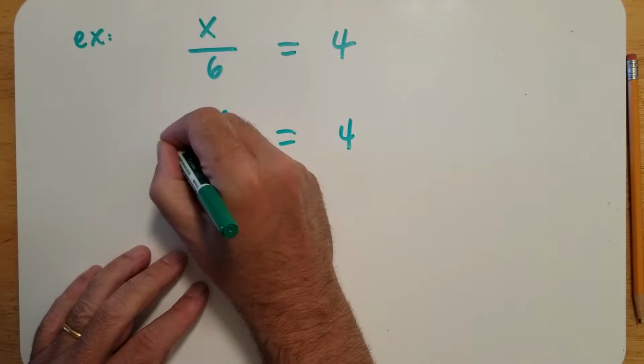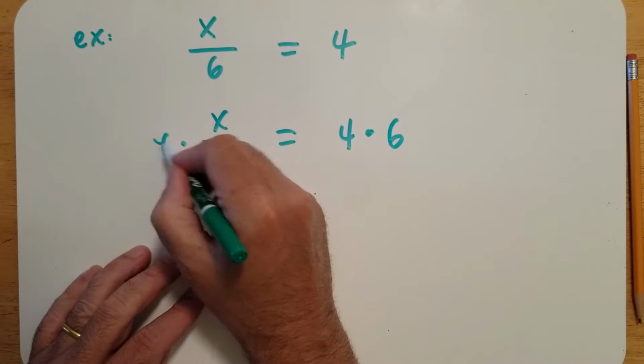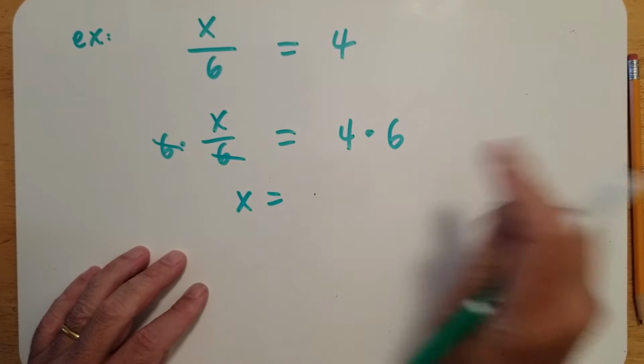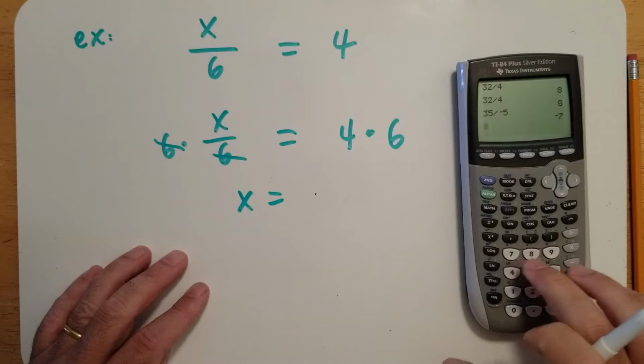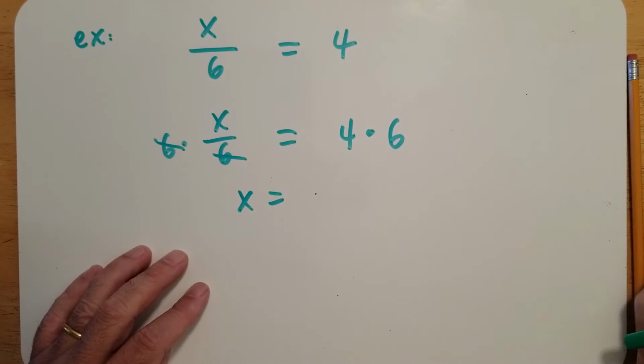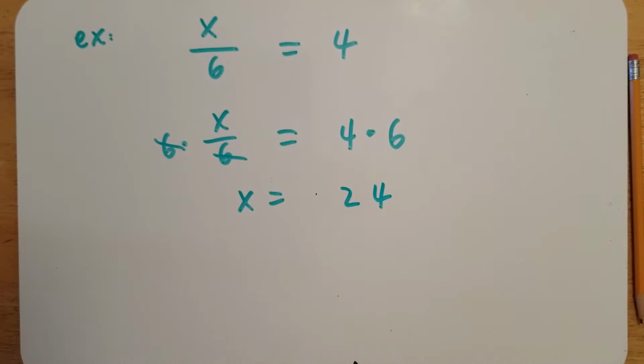So I'm going to multiply this side by 6. I'm going to multiply this side by 6. This 6 cancels out with that 6, leaving just an x. And 4 times 6 is 24. So the answer to this equation is x equals 24.